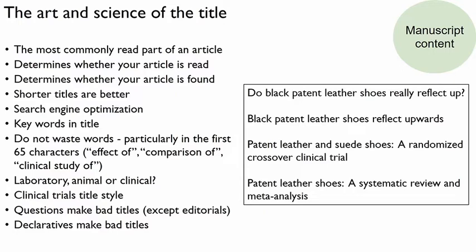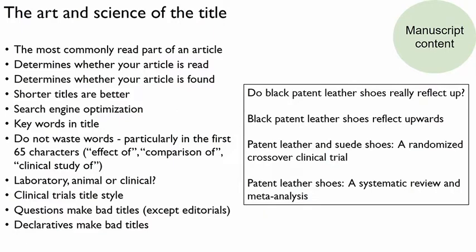There's something called search engine optimization. And these are the things that search engines do to construct their algorithms. So you want your title to be what's called search engine optimized, which means the first 65 characters are often used in a search algorithm. So you want the most important parts of your title in those first 65 characters.